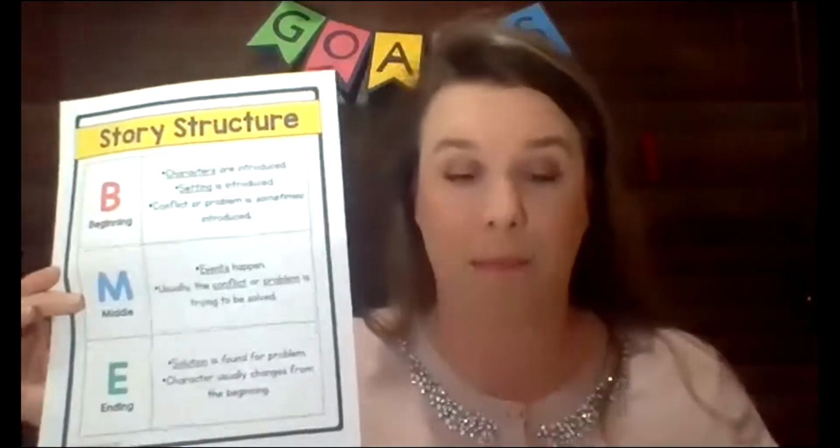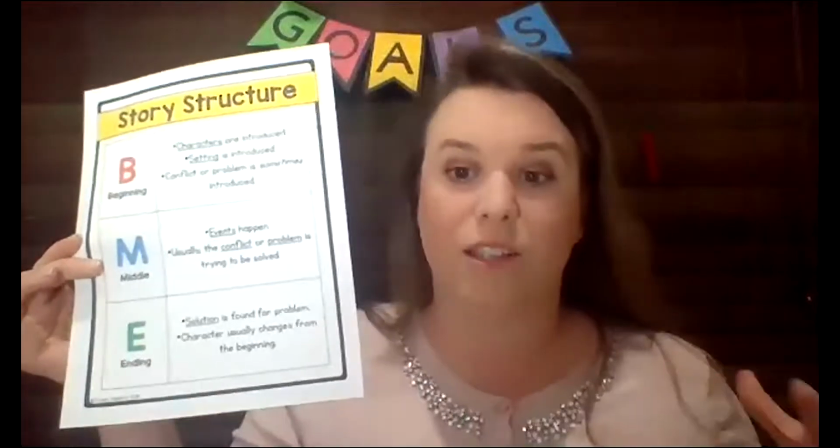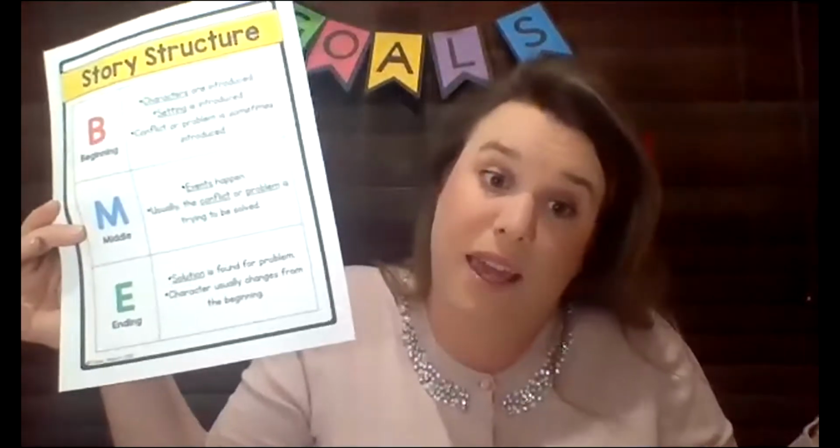But then in the middle of our text and our story, there are some events, the ways they try to solve the problem. And then at the end of the story is the solution. Now the solution might be a good one to the problem, or it might just be one that you didn't expect. So there's always going to be some type of resolution or solution.